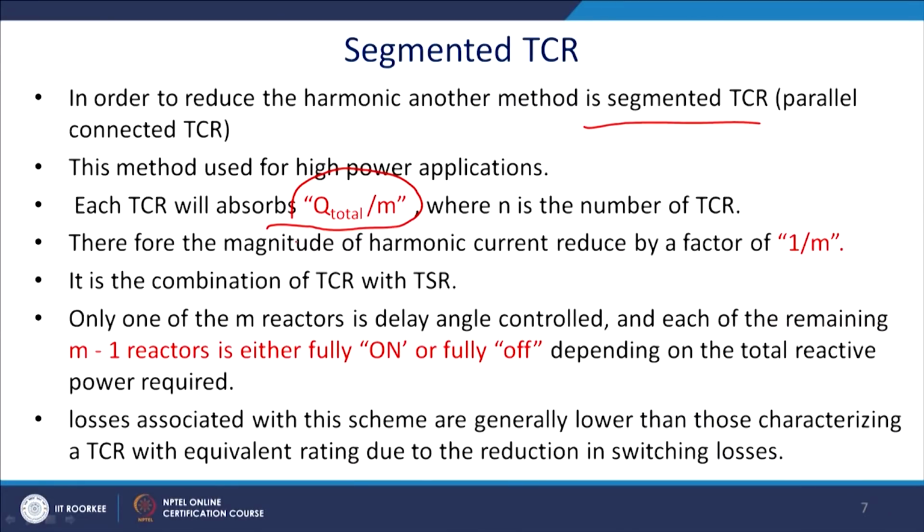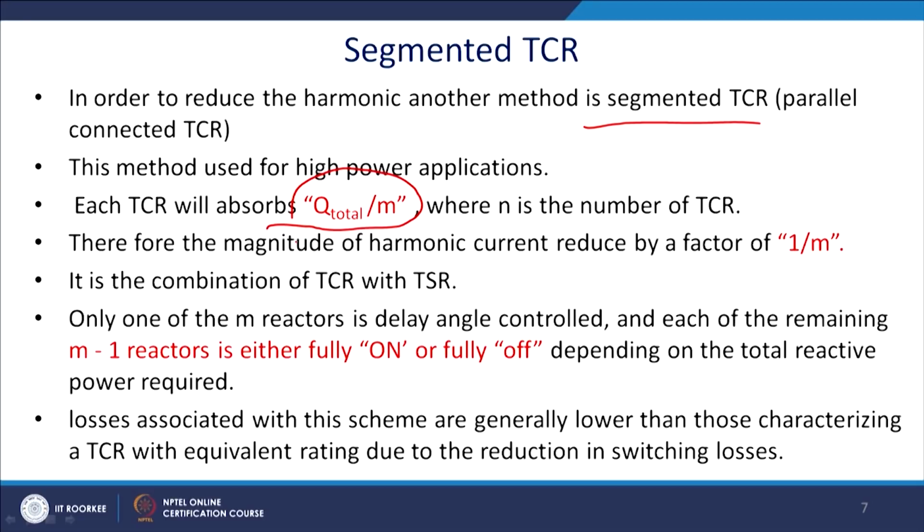Thus, it makes sense to use the segmented TCR, and each will absorb some amount of the reactive power. So, each TCR will absorb reactive power equal to the total power divided by M. So, the total power will be Q total and one component will have Q total by M.